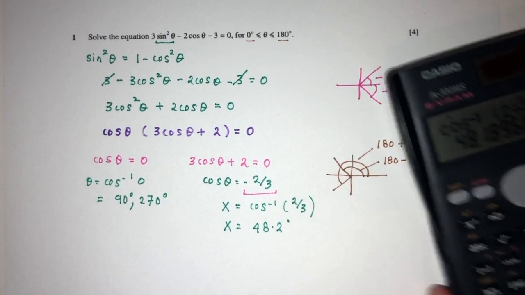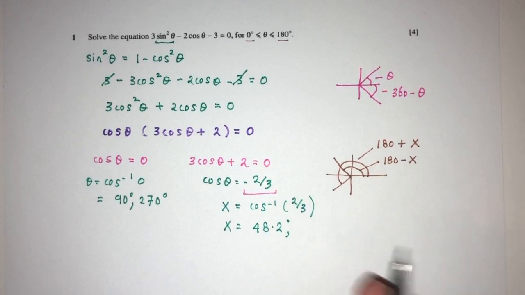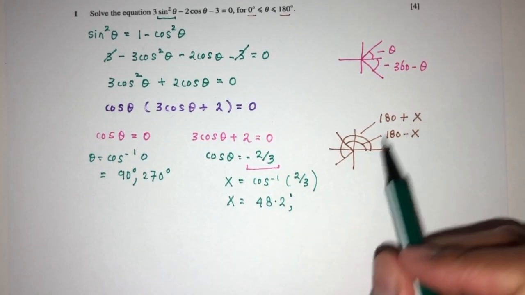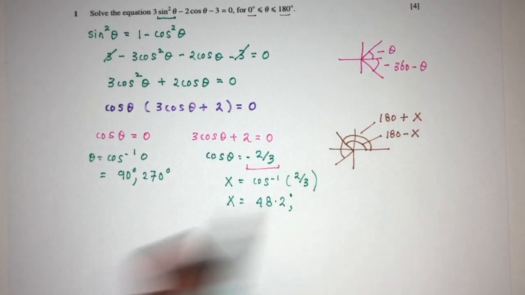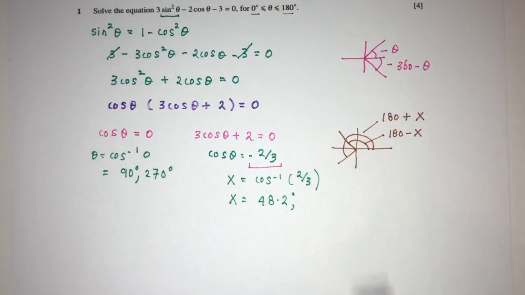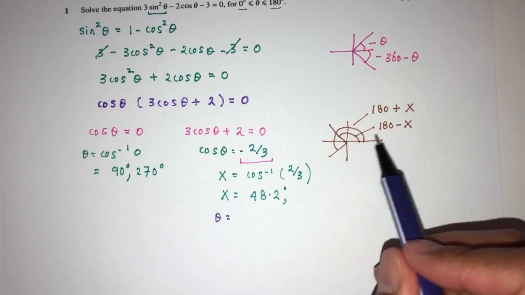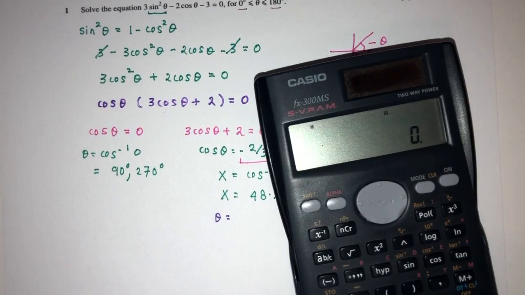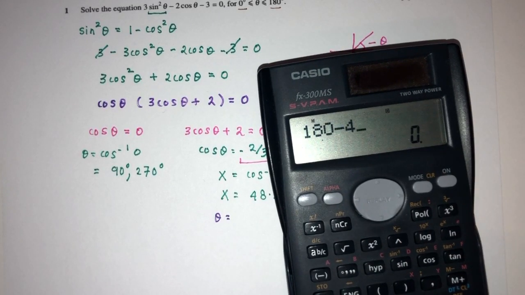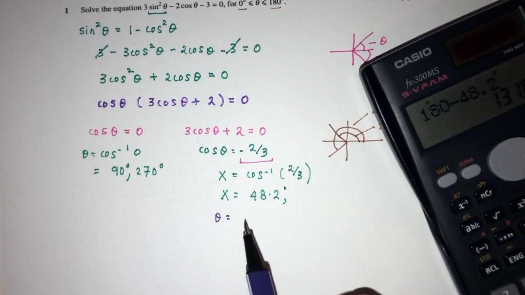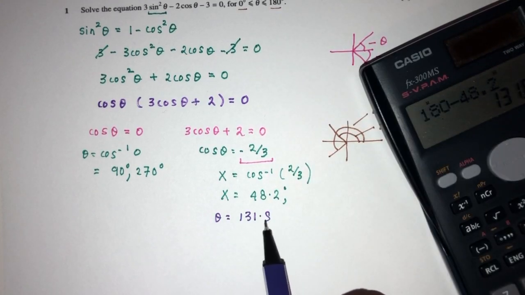48.2 degrees. Now this is the value of x for this one when it is positive. However, here we need the value of theta. Theta will be according to the quadrants. As you can see, first one is 180 minus x. Now 180 minus 48.2, that should be 131.8.